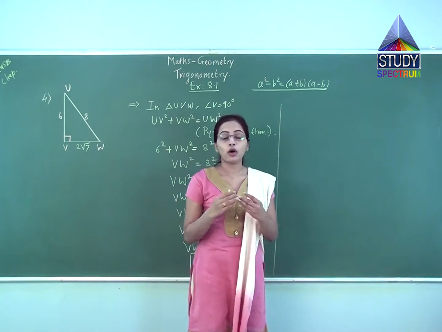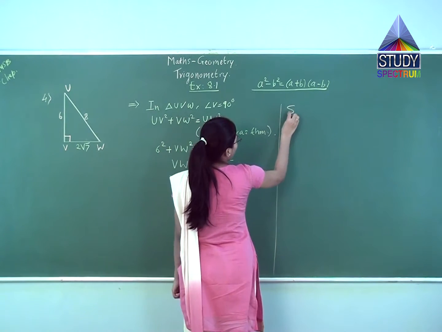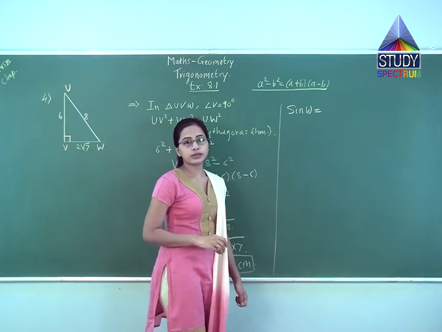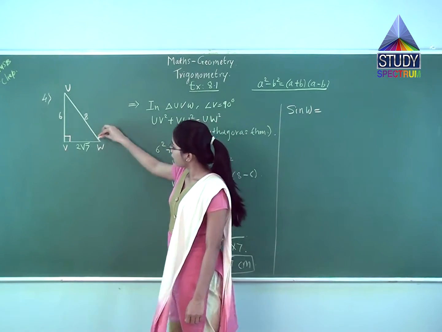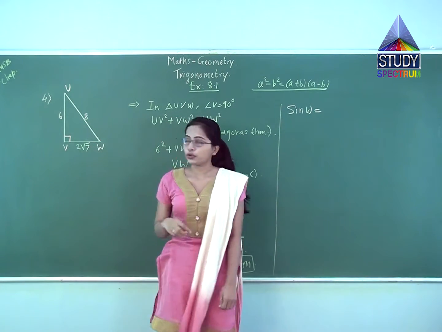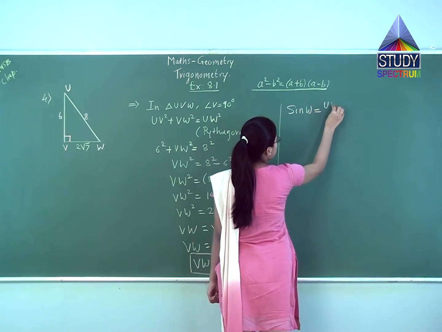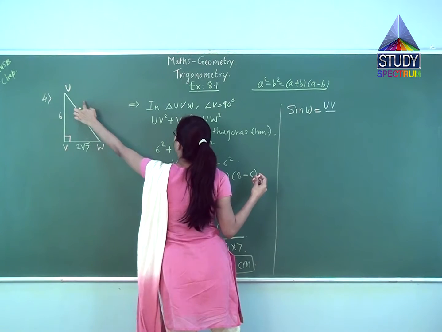So now we will write all the ratios of angle W. So let us start with sine. Sine W. It is opposite side upon hypotenuse. So opposite side is UV.